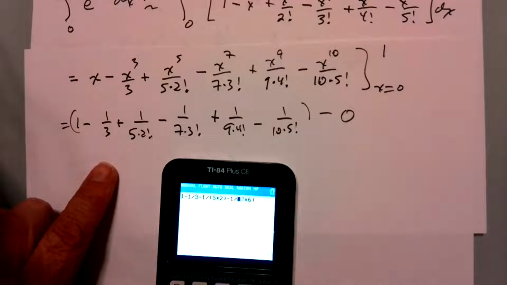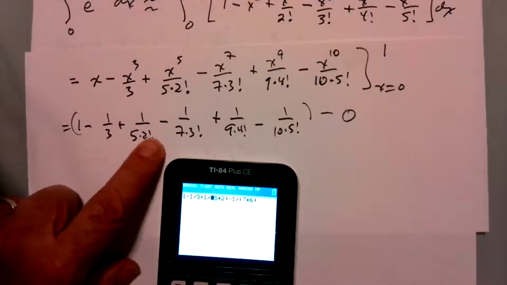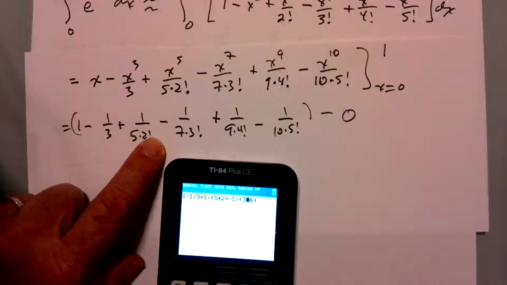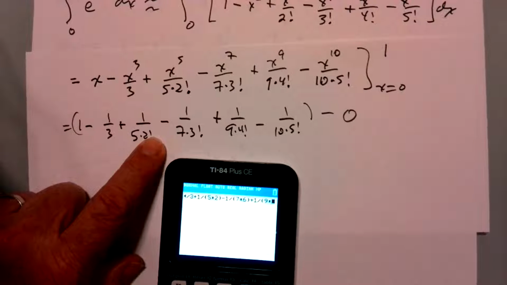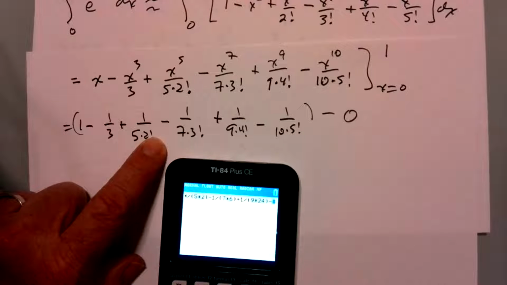1 minus a third plus 1 over 5 times 2 factorial minus 1 over 7 times 3 factorial plus 1 over 9 times 4 factorial. 4 times 3 is 12, times 2 is 24. Minus 1 over 10 times 5 factorial.